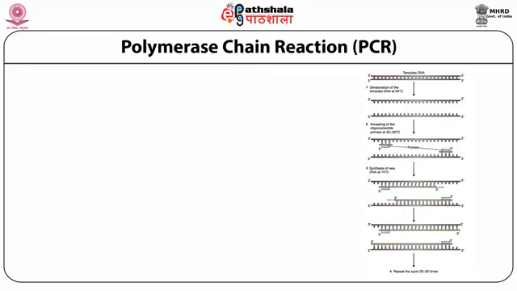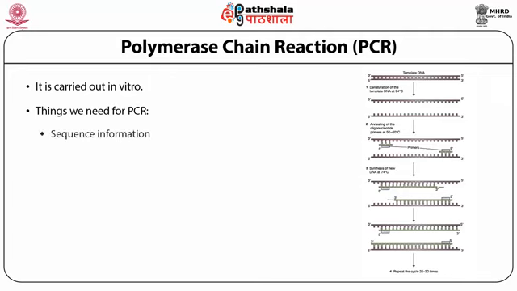Polymerase chain reaction is carried out in vitro. The items needed for the PCR reaction are the sequence information of a DNA molecule and oligonucleotide primers.